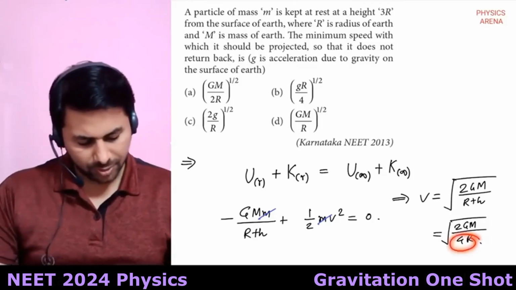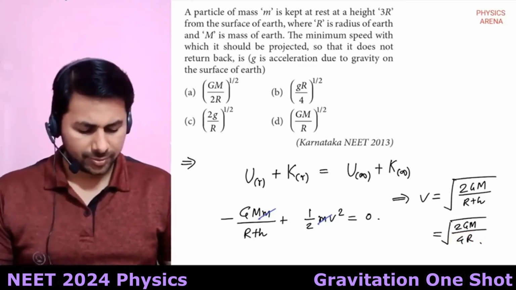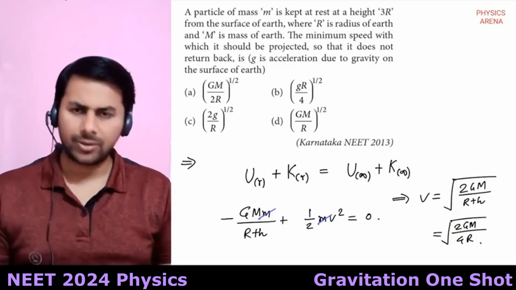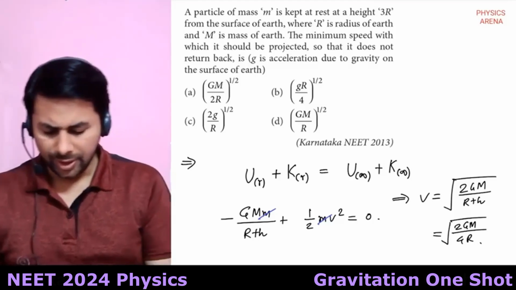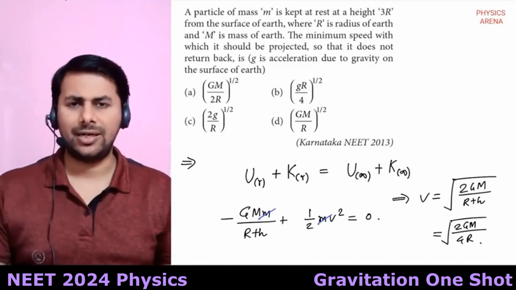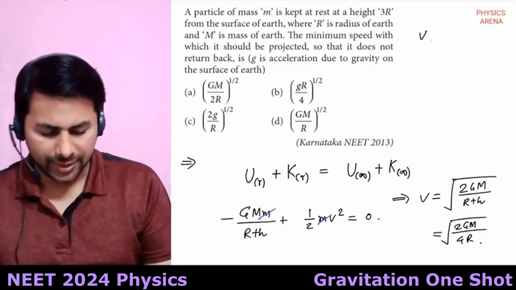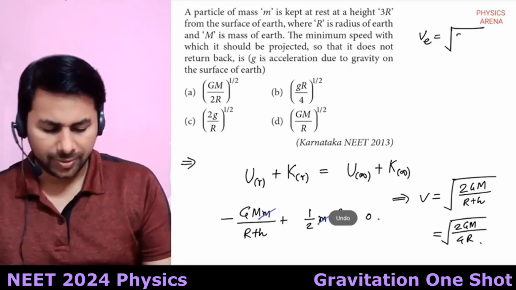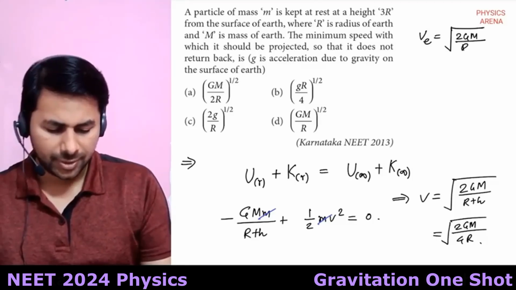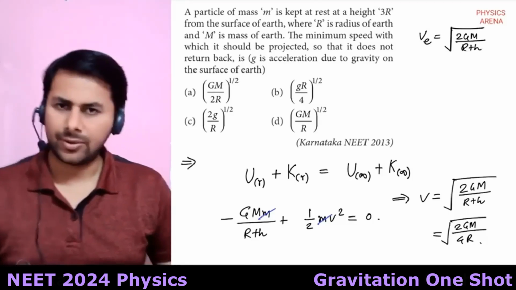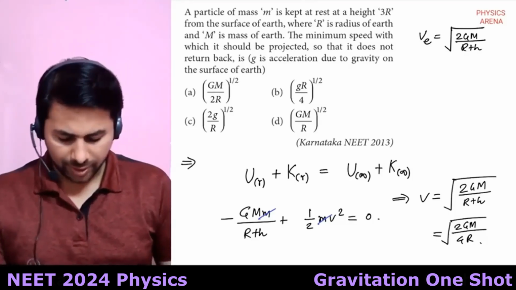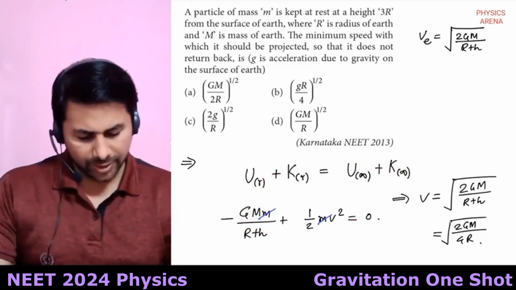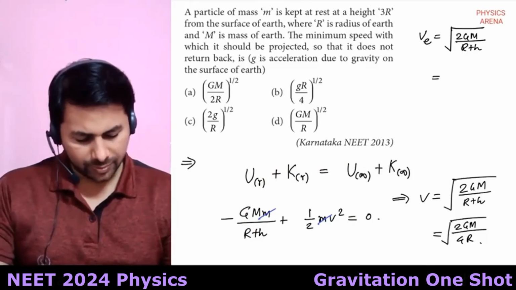You can take 1 by 4, square root of 1 by 4 will be 1 by 2. This is just escape velocity at height h. So you can directly use this formula, v equals square root of 2GM upon R plus h.